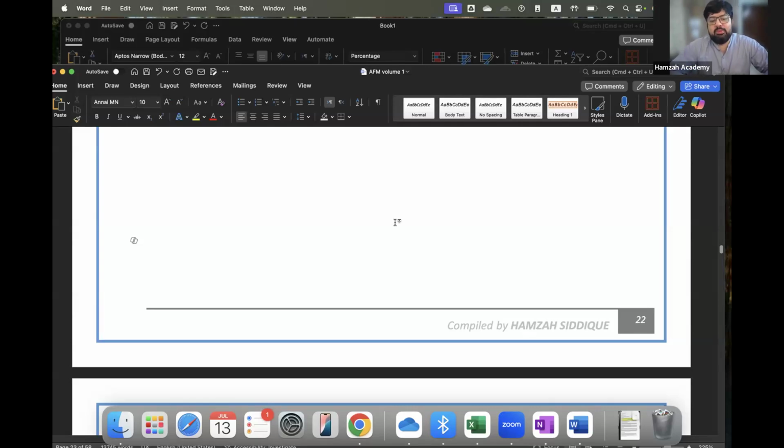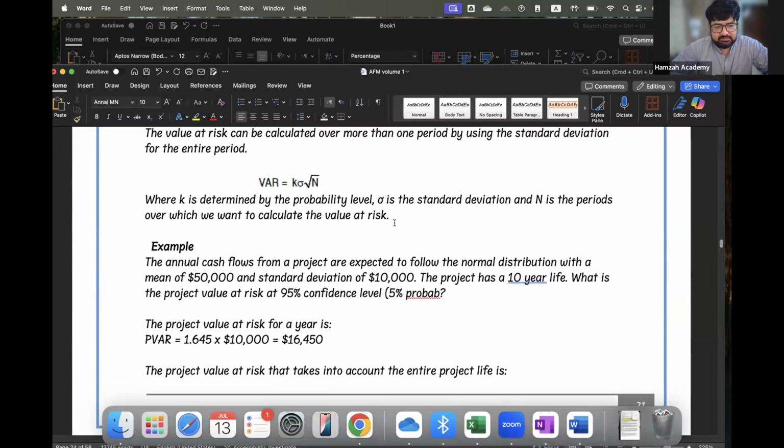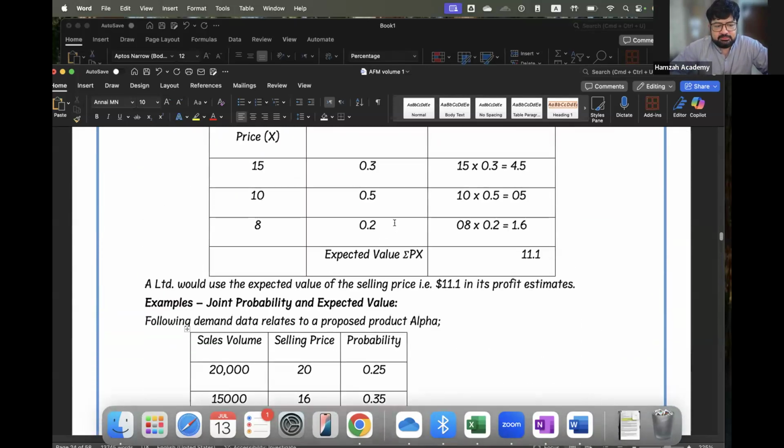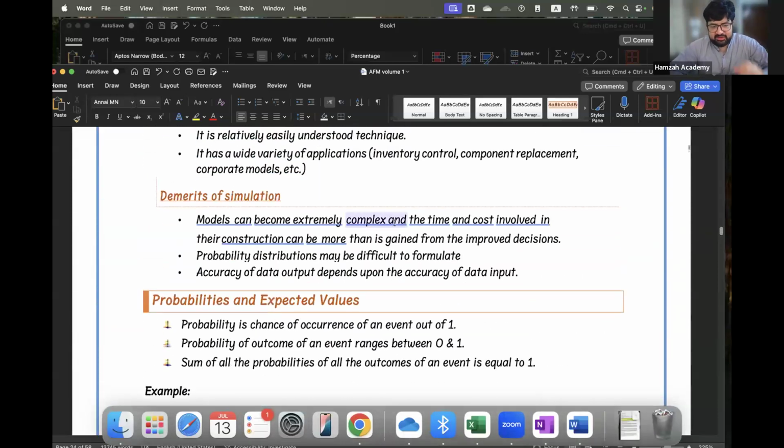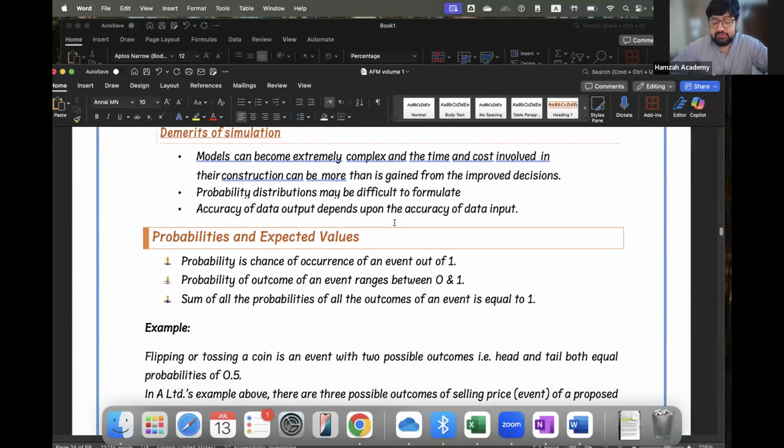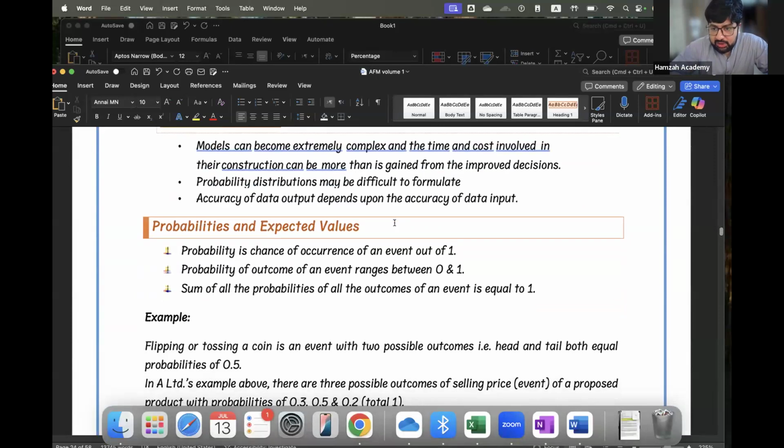The next topic is probability analysis. Probability analysis is basically about expected values, where we know that two or three scenarios may occur.